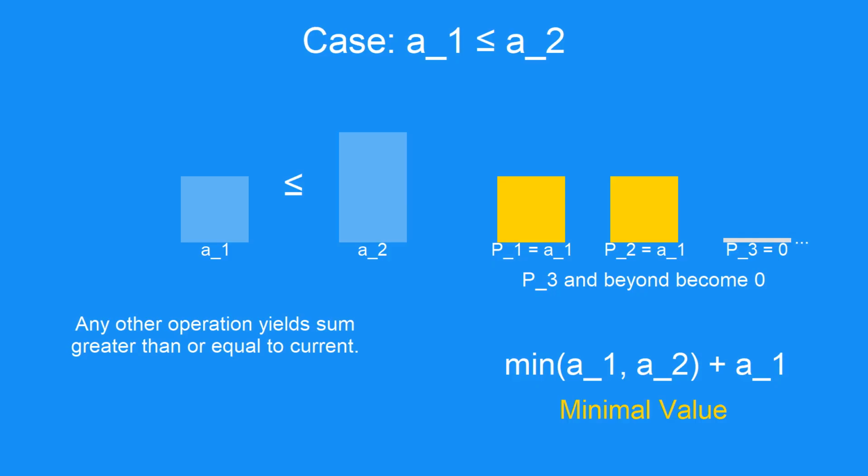The cost is a1 increasing, but the gain of subsequent zeros outweighs it. If a1 is less than or equal to a2, then P2 is already a1. Making a2 equals 0 by i equals 1, j equals 2 would just make P1 larger while P2 goes to 0. But P1 would become a1 plus a2, which is a1 plus something non-negative. This is worse than keeping P1 and P2 both at a1.